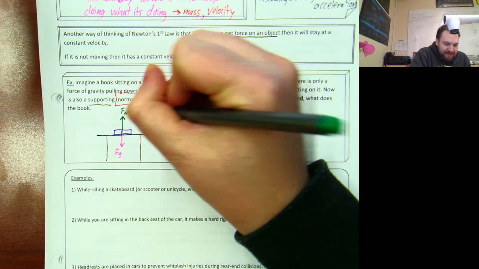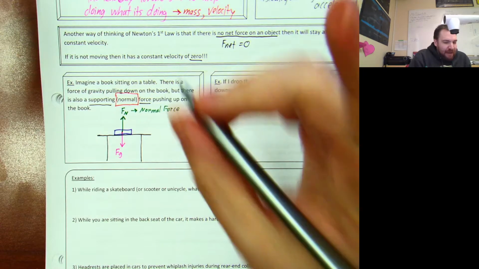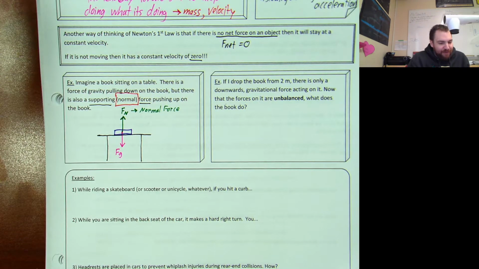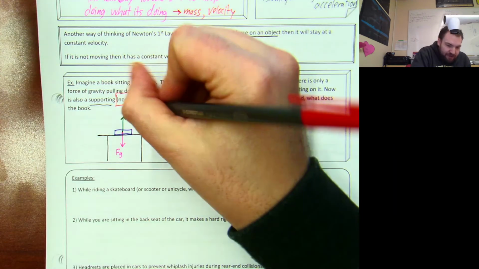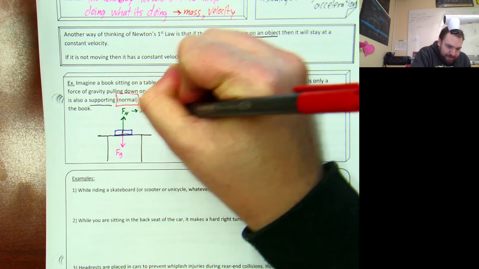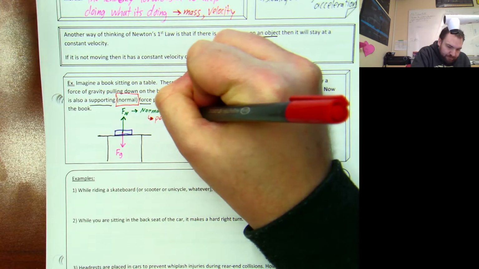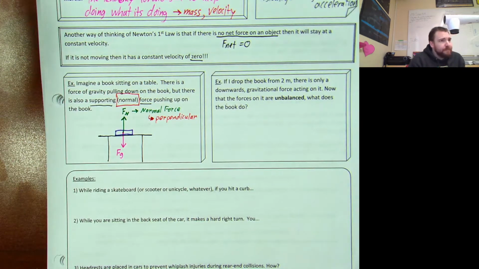I think someone, no one said it. Normal in a mathematical context, this word here means perpendicular. What does perpendicular mean?